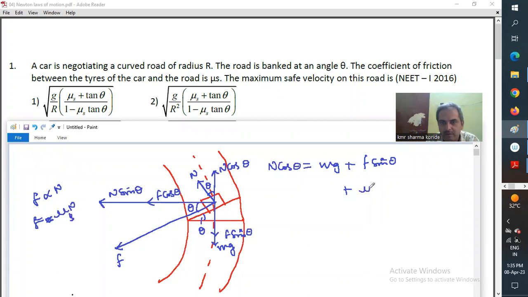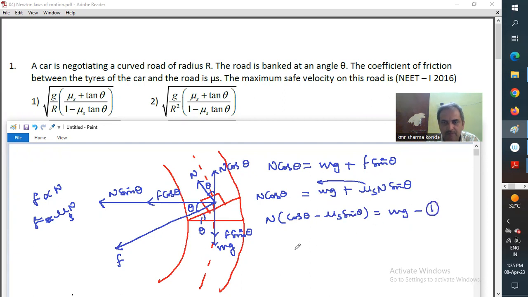So mu s N sin theta plus mg is equal to N cos theta. Take mu s N to the left side, then take out common N. You will get N times cos theta minus mu s sin theta is equal to mg. Call this equation 1.